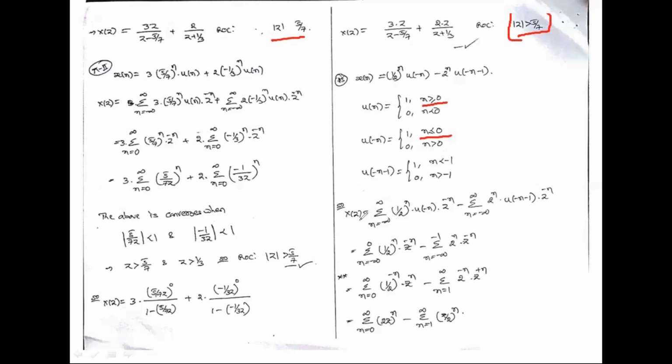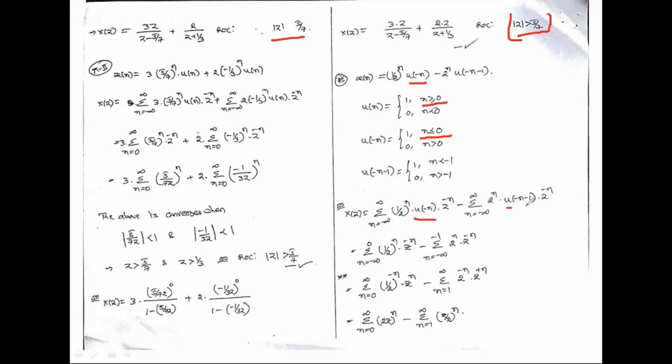Now, in the definition of the Z transform, you can substitute X(z) equals the sum of n equals minus infinity to infinity of (1/2) whole power n u of minus n, because the given function is u of minus n, minus the summation n equals minus infinity to infinity of 2 power n u of minus n minus 1 z power minus n.